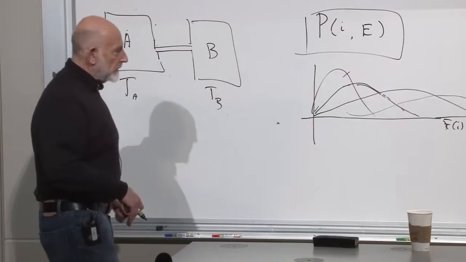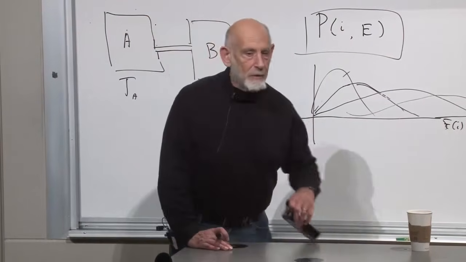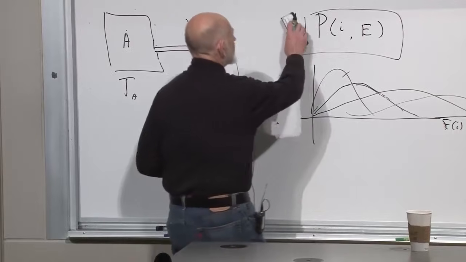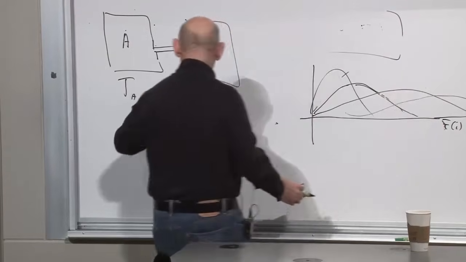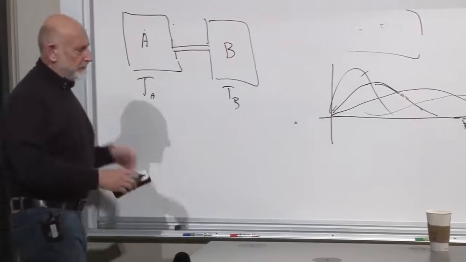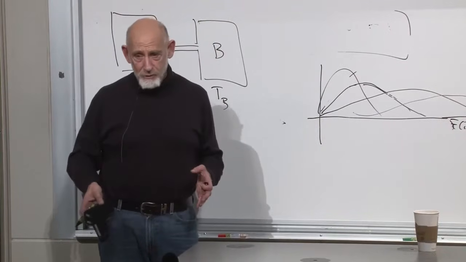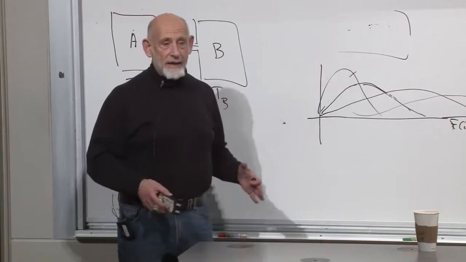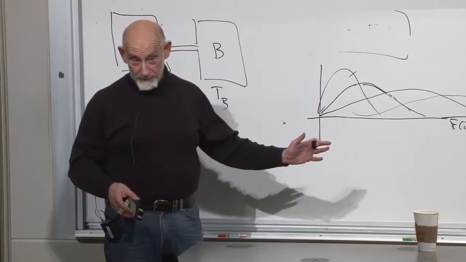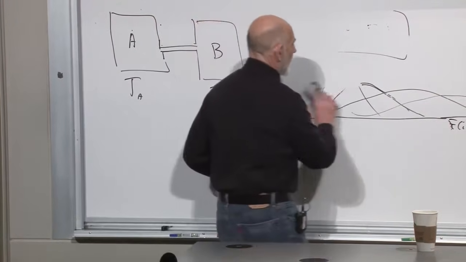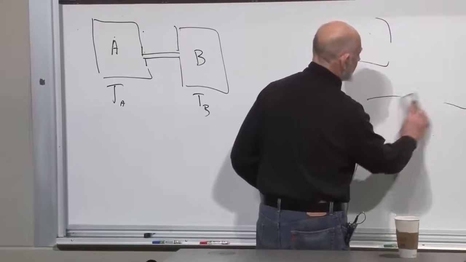Arbitrarily, let's say that TB is bigger than TA. If it's the other way, then we just interchange A and B. Of course, it's possible that TA exactly equals TB, and we will see in that case that heat doesn't flow either way, on the average, heat meaning energy now.